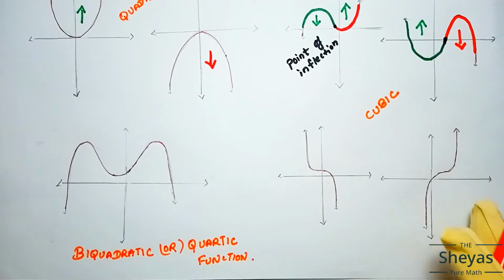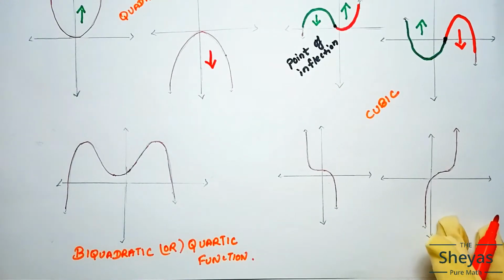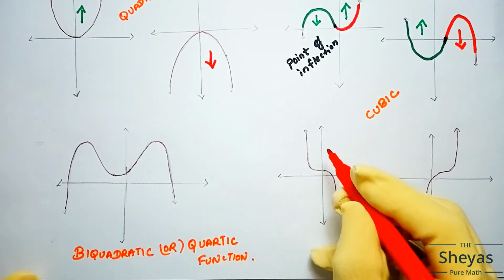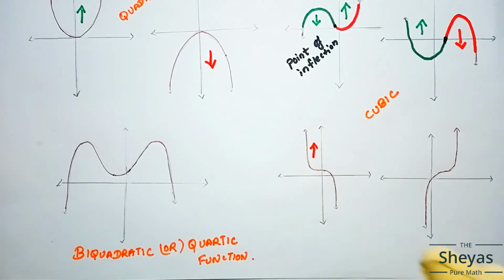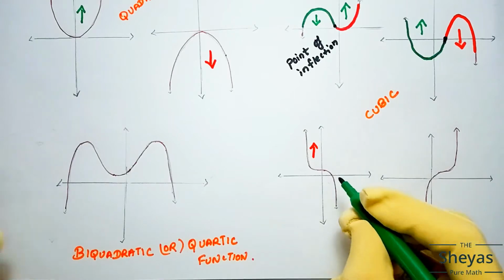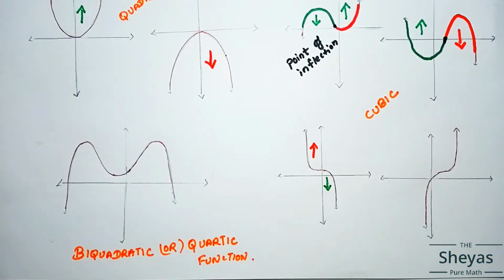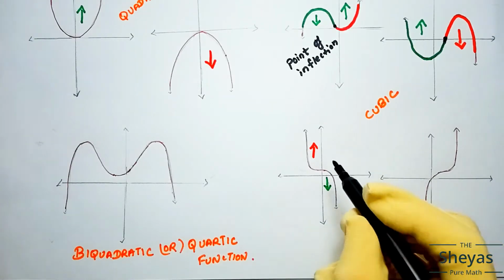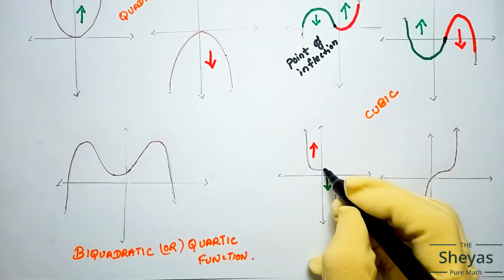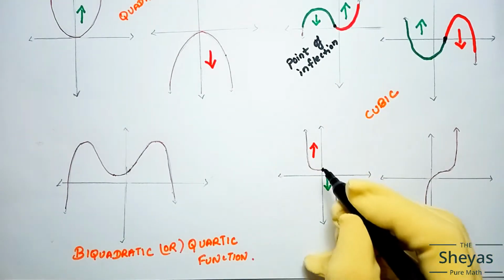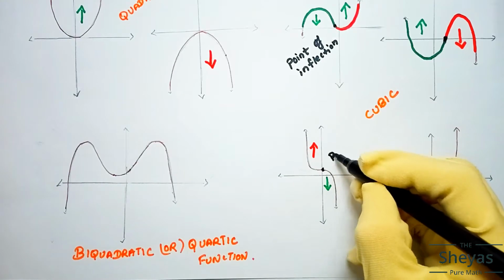Okay, now see this is also a cubic graph. So in this graph, this is upwards and this is downwards, concave downwards. And so the point where the graph changes its direction, see here, is the point of inflection.